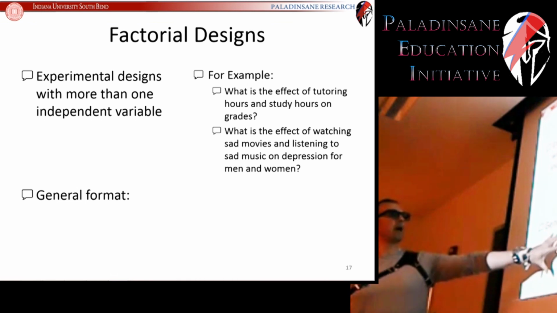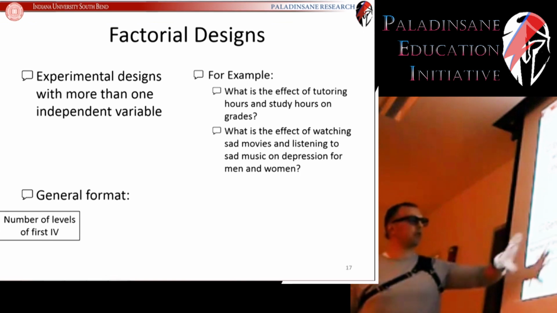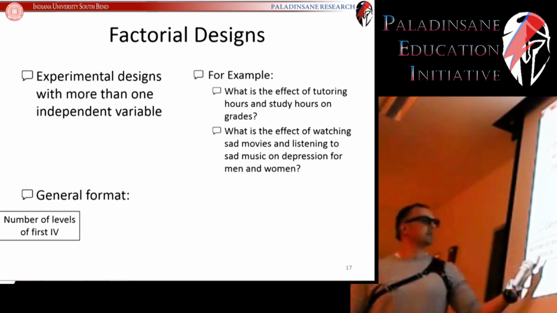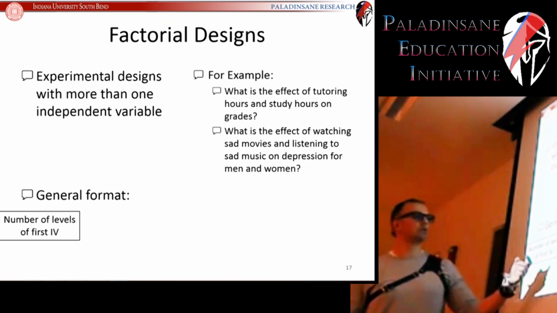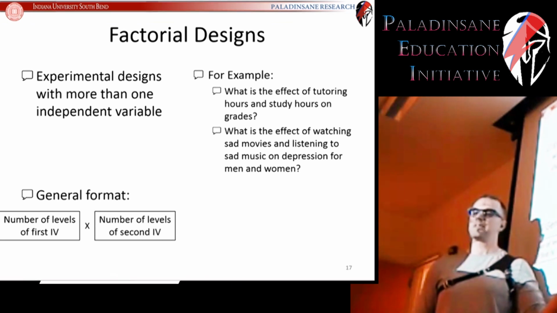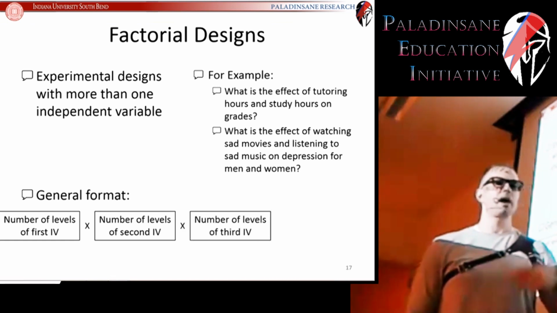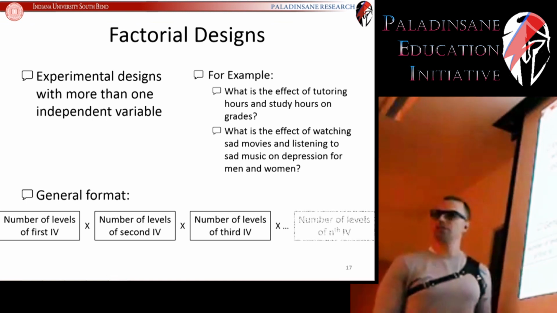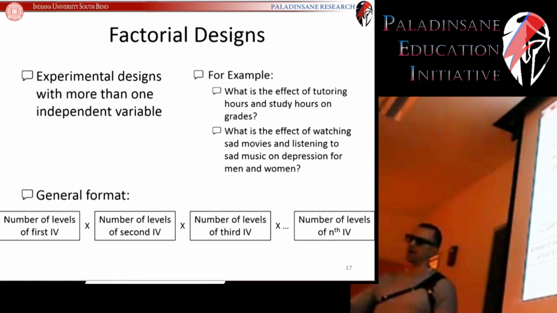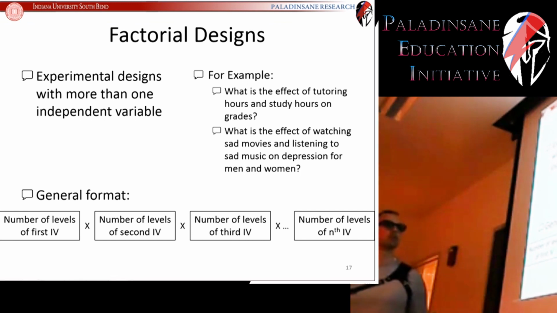The general format for these in a factorial design is that you identify the number of levels for your first independent variable, multiplied by the number of levels for your second independent variable, multiplied by the number of levels for your third, however many independent variables you have. That's the general format when you're reporting a factorial design.